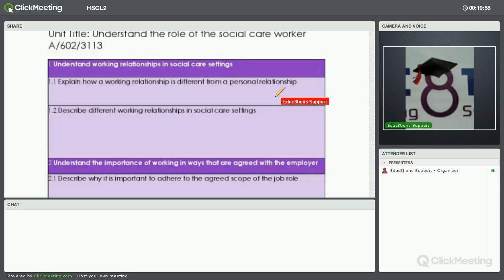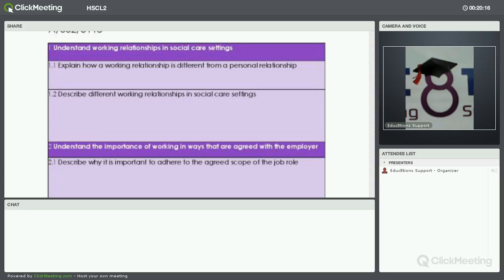So, have a look at those 2. How do they differ? Maybe you've not got that type of relationship with anyone in work, so just your thoughts on how you think a working relationship would differ from a personal relationship with that person.